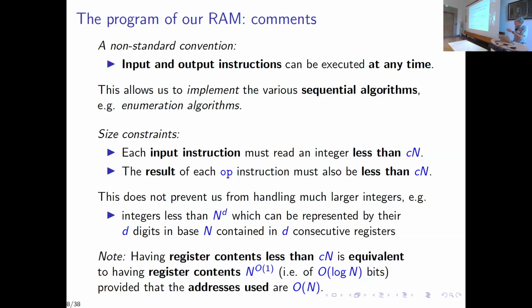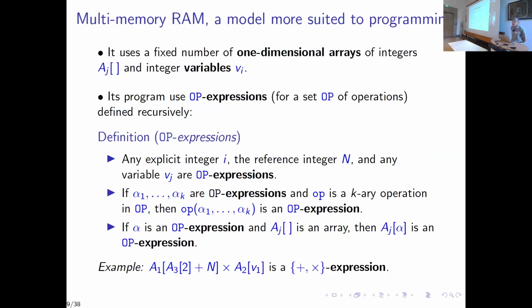This does not prevent to use larger integers, and it's equivalent to have registers contain polynomial values, provided that the addresses are linear. It can be proved. So it's robust in some sense. We need, for examples and for the algorithms, to do programming and to adapt our RAM with several arrays, which are useful, for example, for preprocessing and variables too.